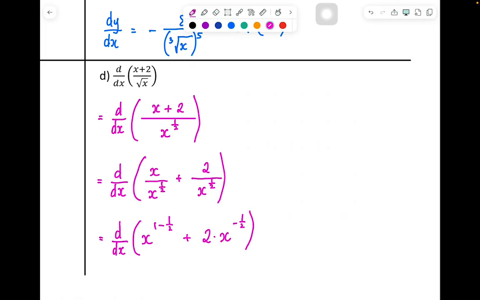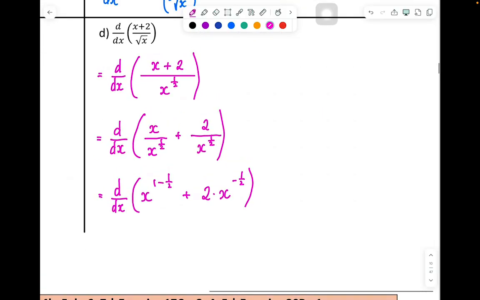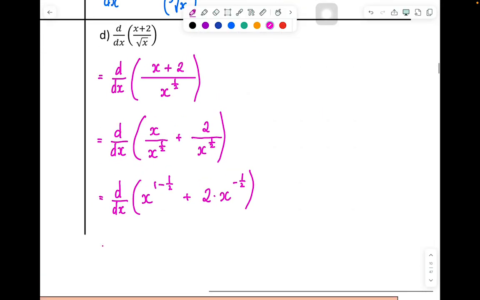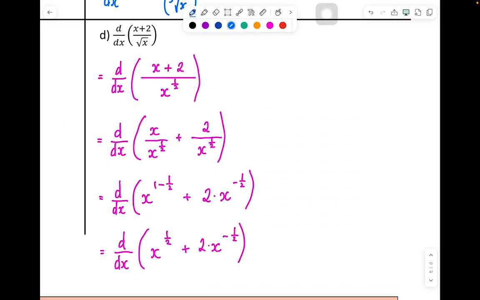So it becomes an acceptable form for us to differentiate. Now obviously you can leave some of these steps out if you do the calculations in your head, but again, do this at your own risk if you want to skip steps.